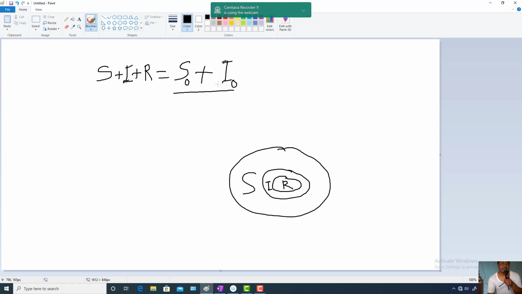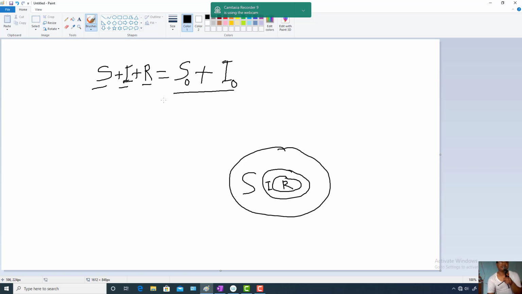As time goes on, the number of infected people increases and is subtracted from the whole population. So the population susceptible to the disease is decreasing. That means S is decreasing, I is increasing, and R is also increasing. This is the assumption we are going to make.